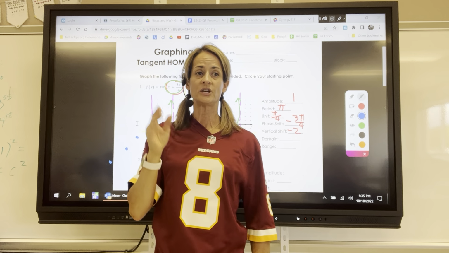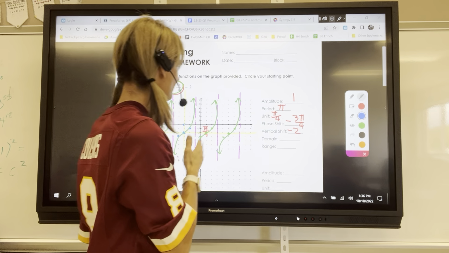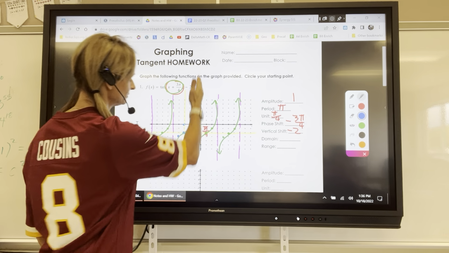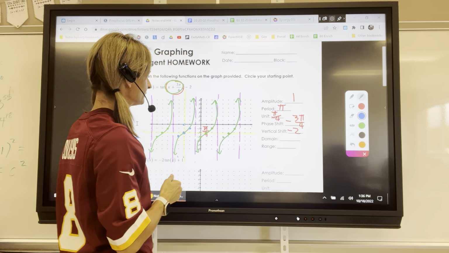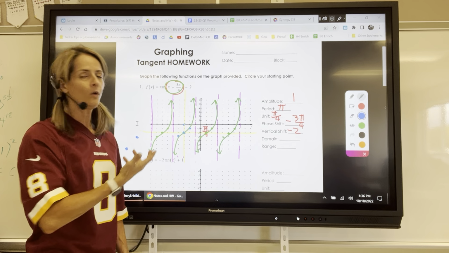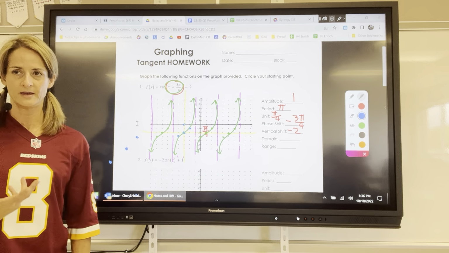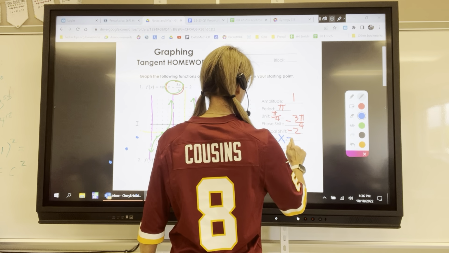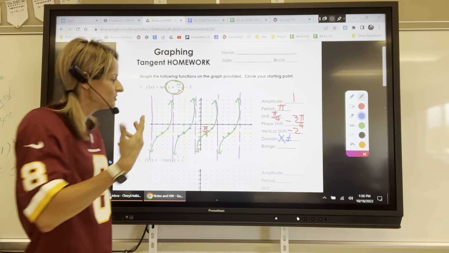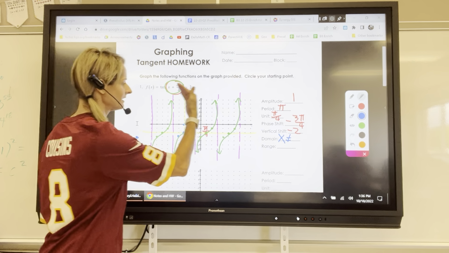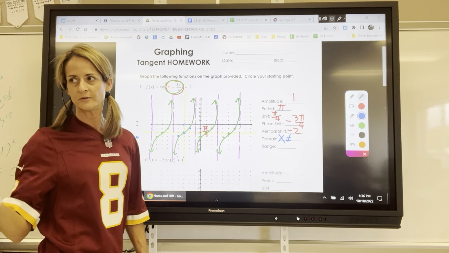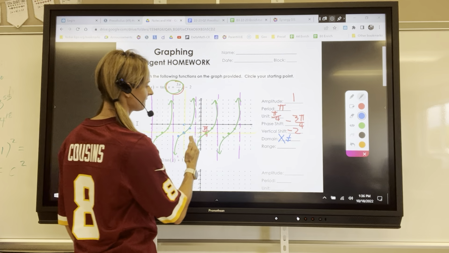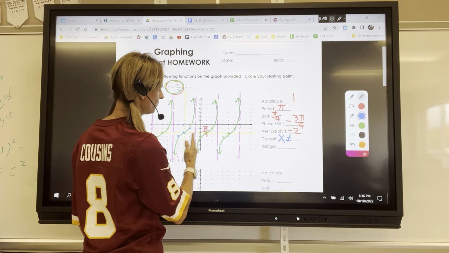For tangent, we've got these undefined values, where the tangent of pi over 2 is undefined. So we have to pull those values out of our domain. We just say x cannot be equal to, and we usually start with the first one to the right of the y-axis, but you really can start with any.